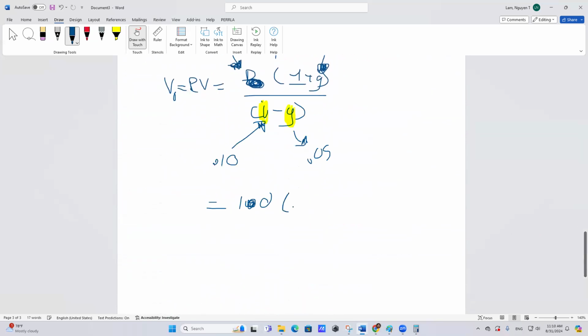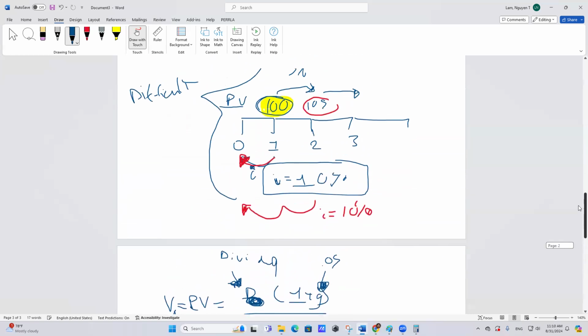It is 100 times (1 plus 0.05), divided by 0.10 minus 0.05. That is the present value.